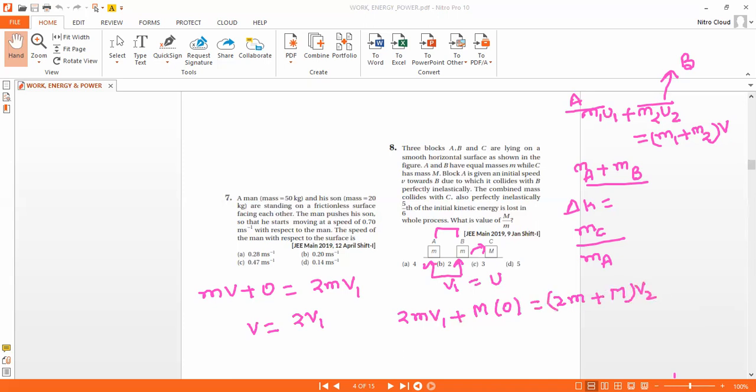Now, since 2v1 means V, I can write m into V is equal to 2m plus capital M into v2.